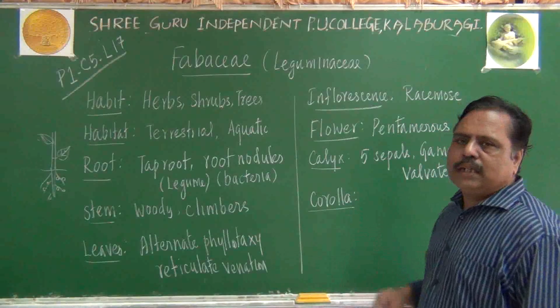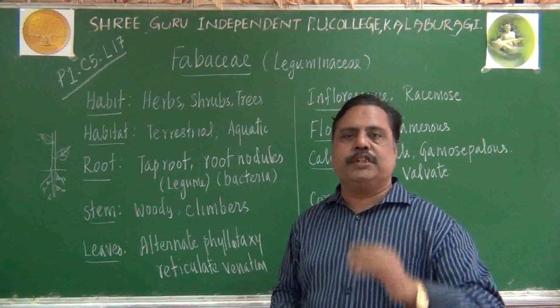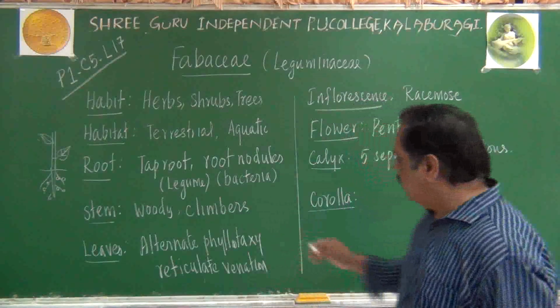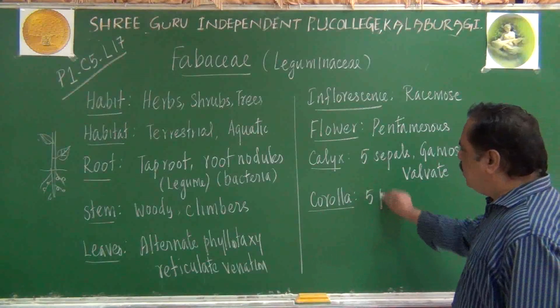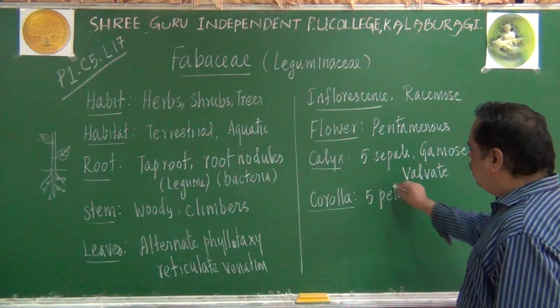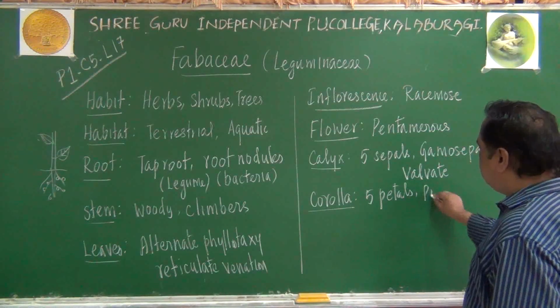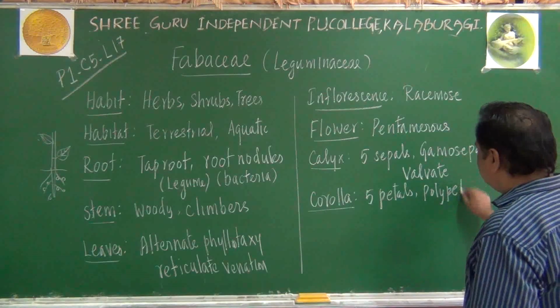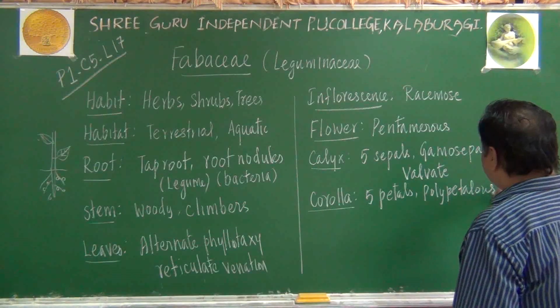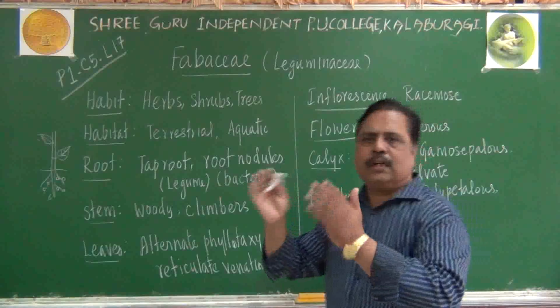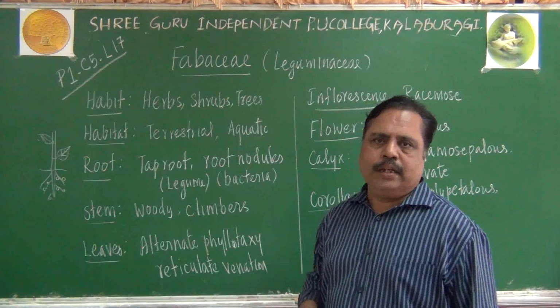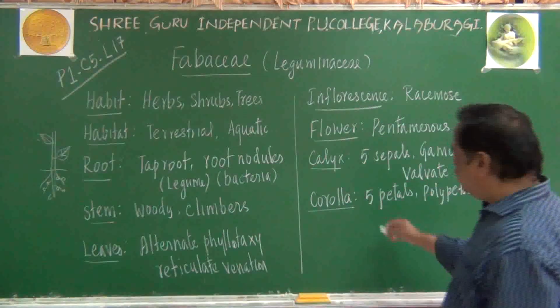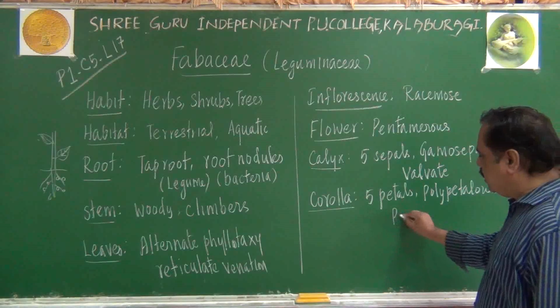Because its corolla has papilionaceous aestivation. Here also 5 petals are there. Generally those petals are polypetalous in nature. Polypetalous means petals are not united, petals are free.